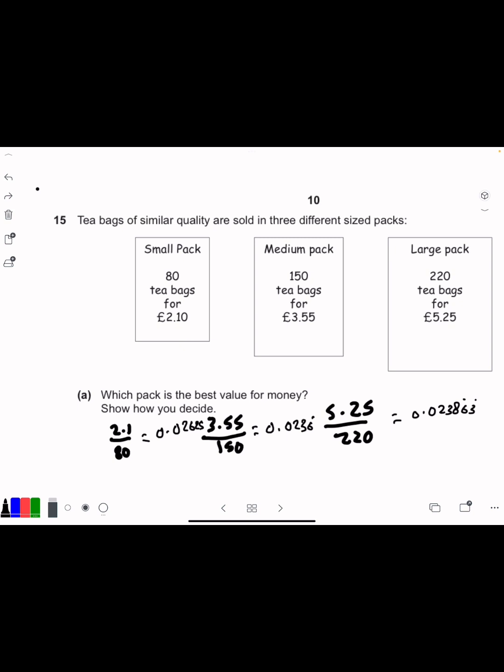So from here we can see that the best value for money, which would be the lowest cost per bag, would be the medium one.